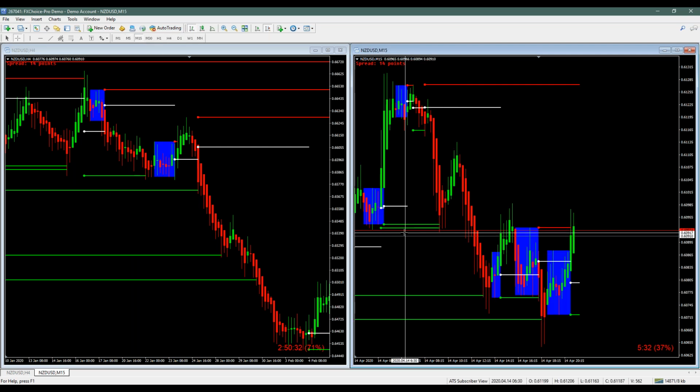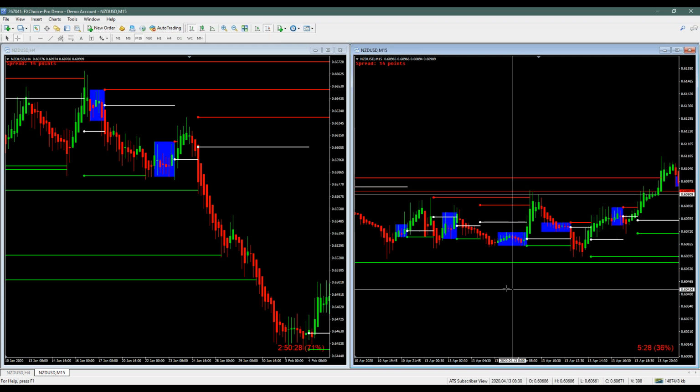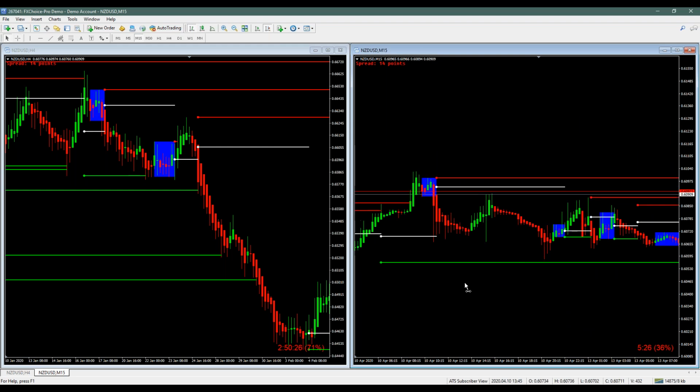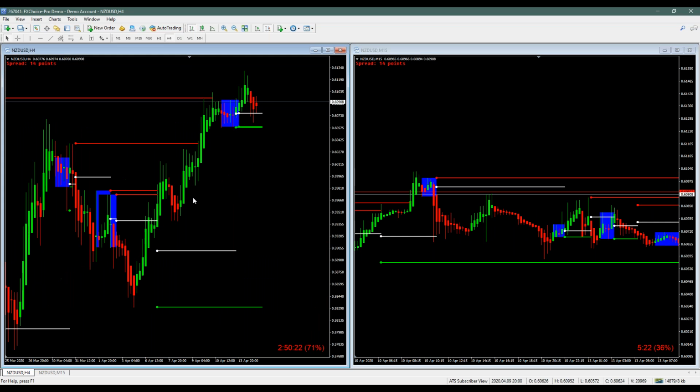The 9th was a little while ago. It would have been after this push right here, and then we took out a liquidity line and started kicking back and forth and went into a box pretty quickly.